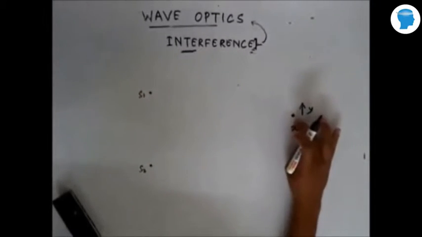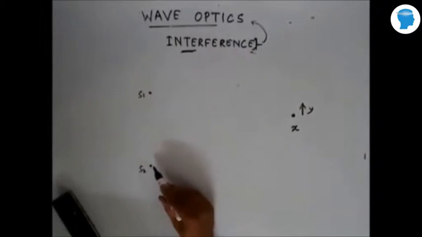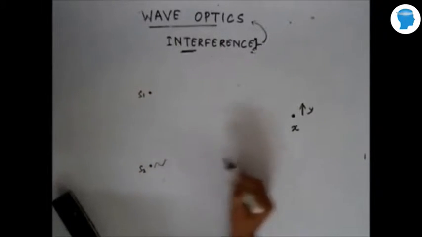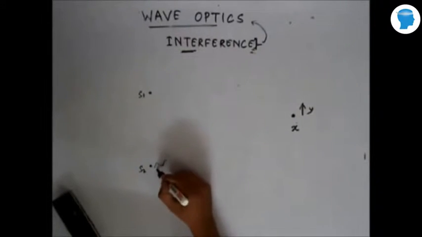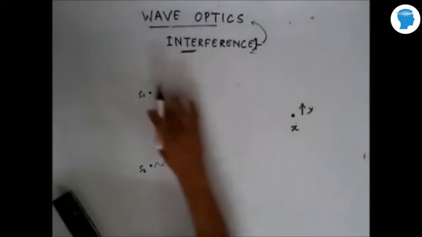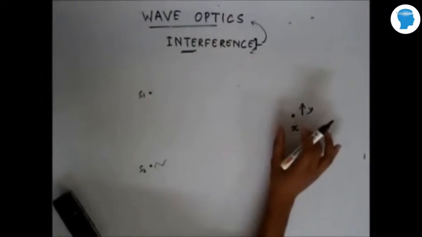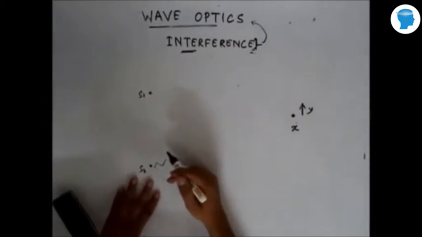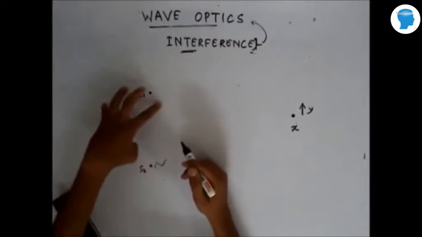So when the disturbance reaches here, there's a displacement in the y direction. Now what happens when a wave from s2 also strikes this? This wave interferes with the displacement produced by the first wave, and this phenomenon is known as interference, because the wave from s2 is interfering with the wave of s1.